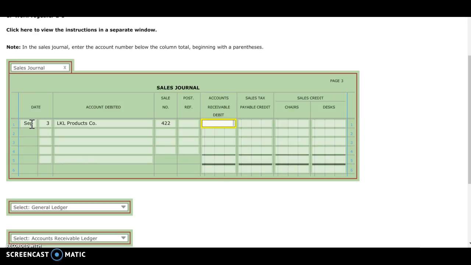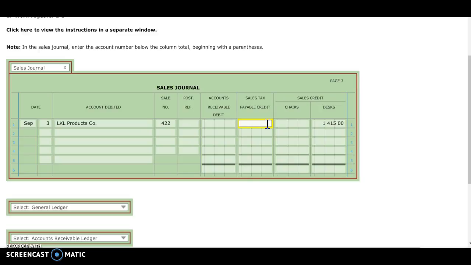We haven't posted. Okay, so first of all, we have to put in our sales credit, and it says that we are selling a desk. So we're going to go under our sales credit desk column, and we know that that is $1,415. Now, that's the only number they give us. We do have to figure out what our sales tax is. In our directions, it tells us that sales tax is 8%.